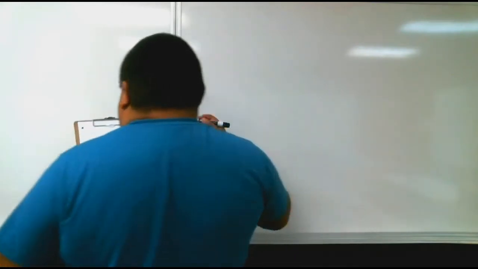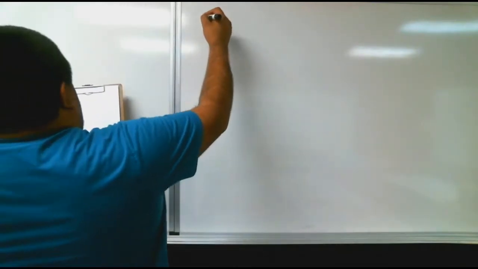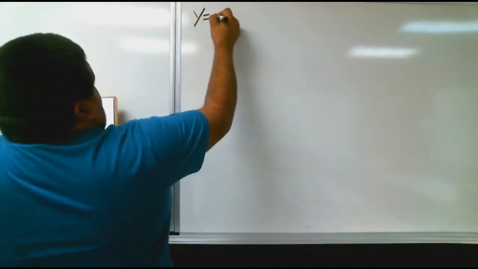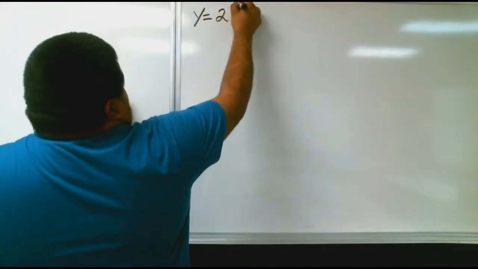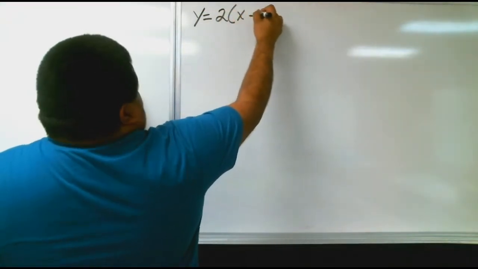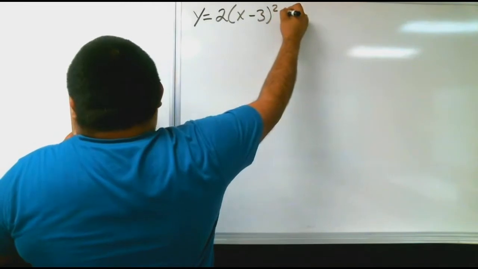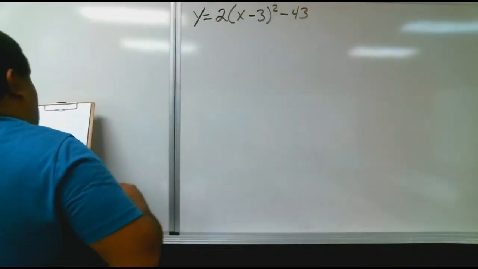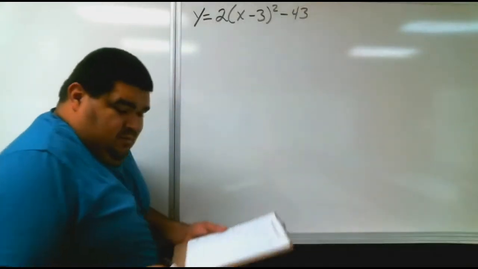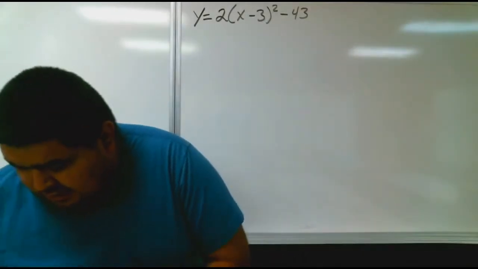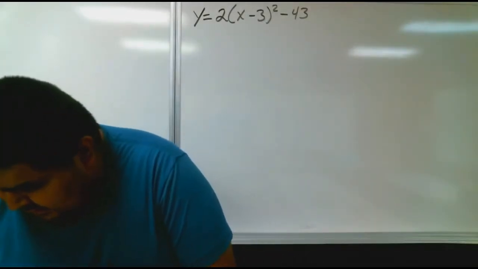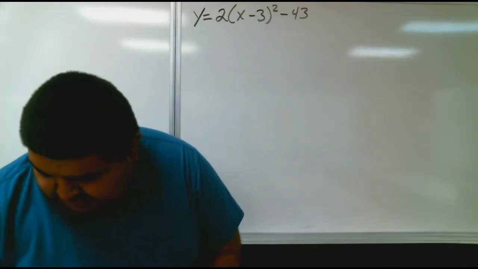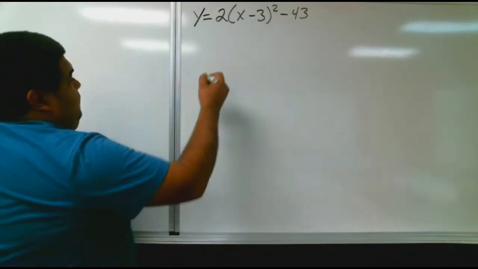So on our first problem, we had y equals 2(x minus 3) squared minus 43. We established that our axis of symmetry was x equals 3.